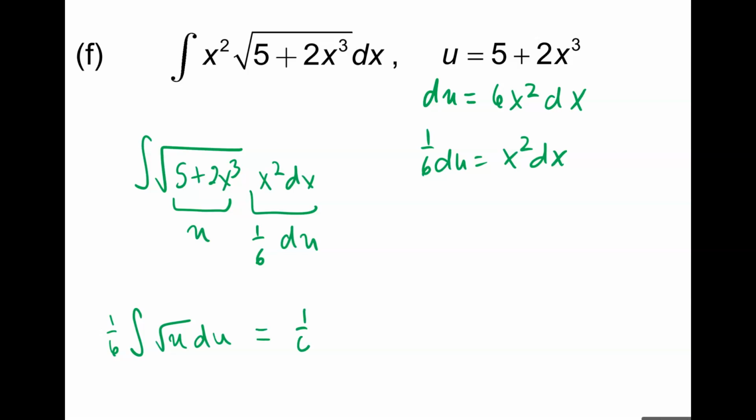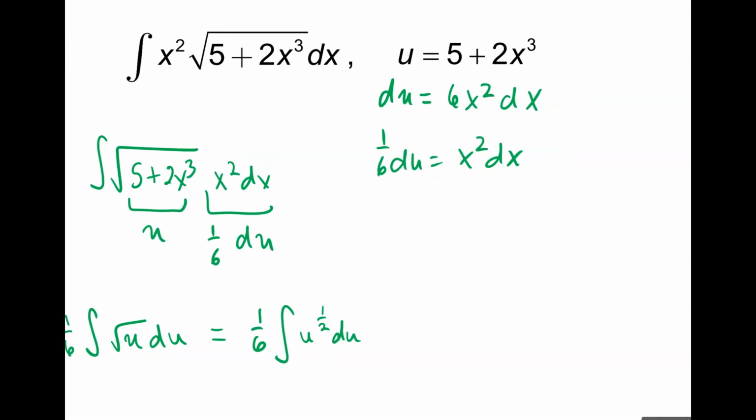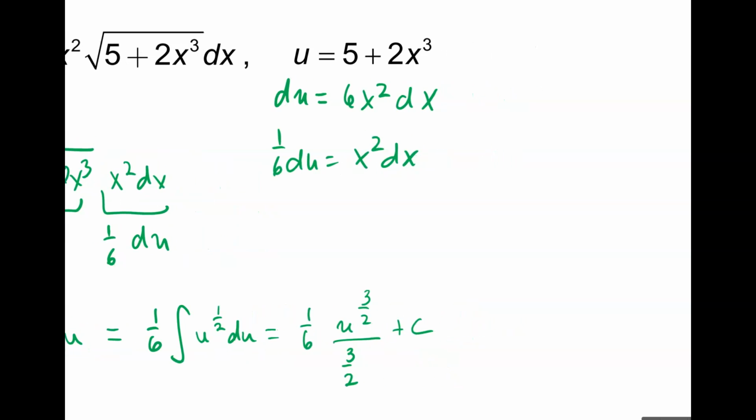So this is just 1/6 the integral of u to the 1/2 power. I want to make sure we're good with these powers, so I can just use the power rule. 1/6 times u to the 3/2 divided by 3/2 plus c. Instead of dividing by 3/2, multiply by the reciprocal, so times 2/3.